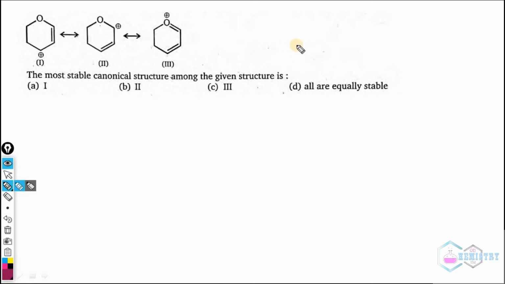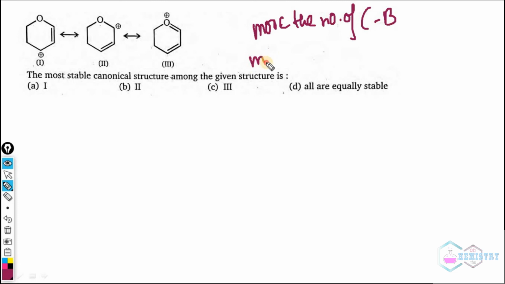The most important point for stability of a canonical structure is the number of covalent bonds. The more the number of covalent bonds, the more stable will be the canonical structure.